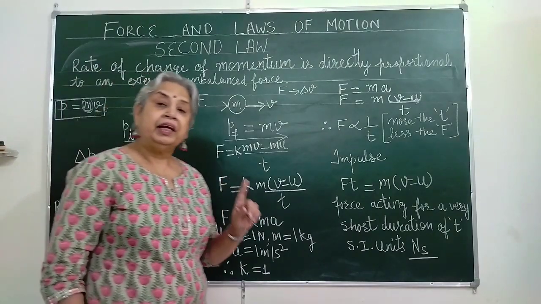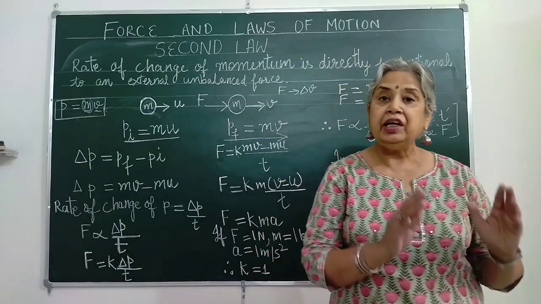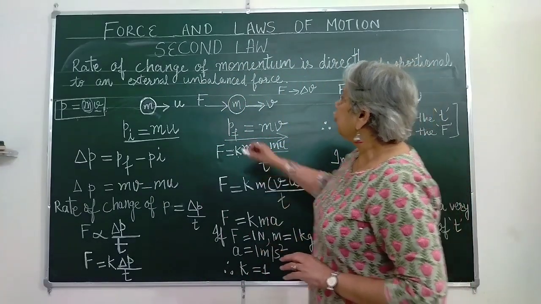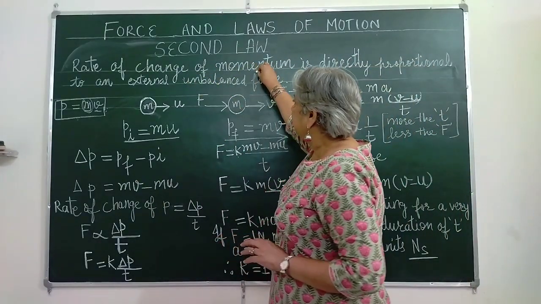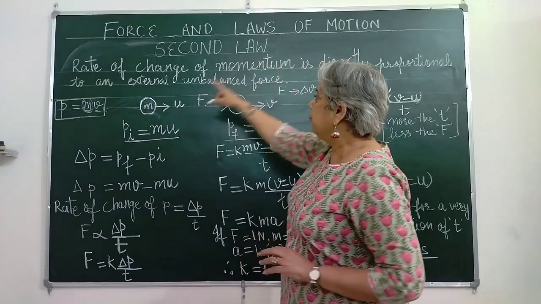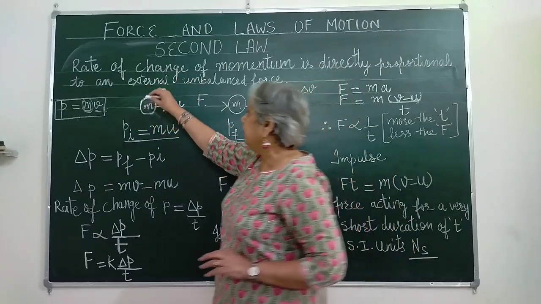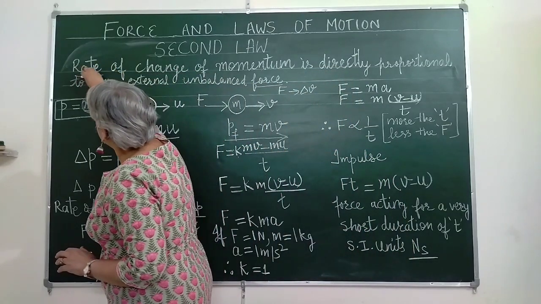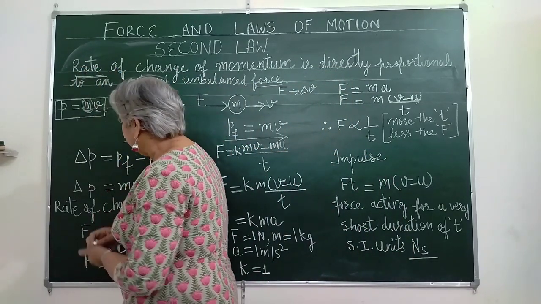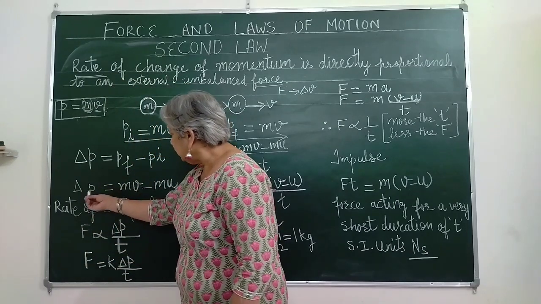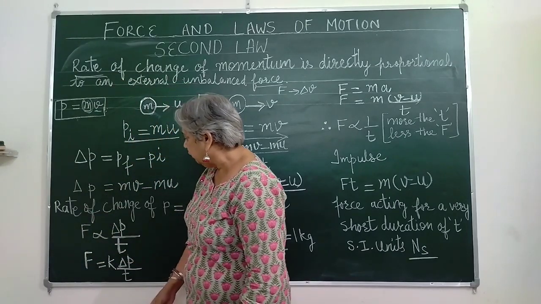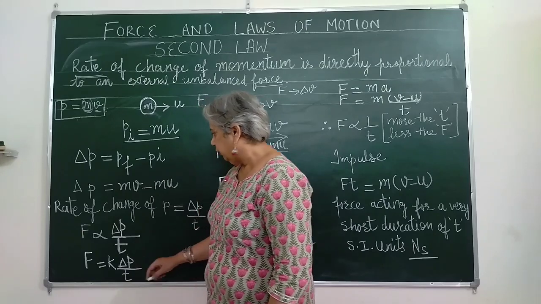When we talk about rate of change of momentum, the change of momentum is not directly proportional to an unbalanced force. It is the rate of change of momentum. So rate means change in momentum divided by time.